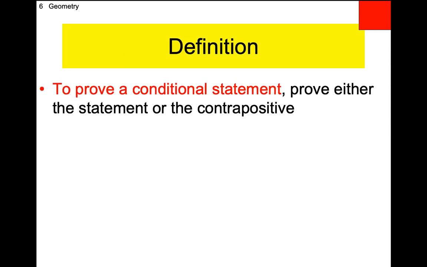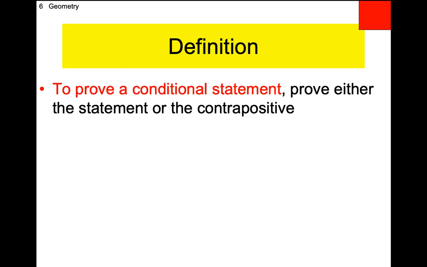Well, we just showed that if you're given an if-then statement that is true, remember that's what we're trying to do in a proof, then the contrapositive is also true. So sometimes in geometry, it is easier to prove the contrapositive than it is to prove the conditional.